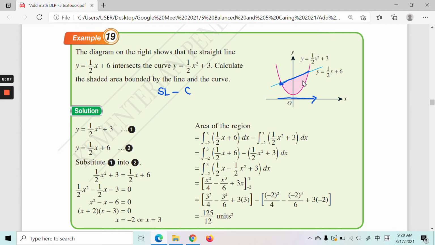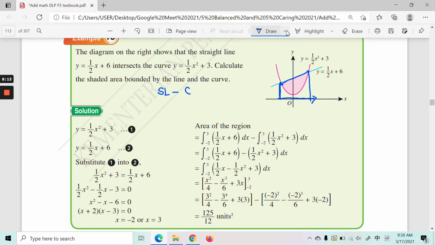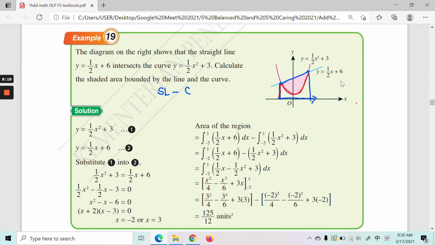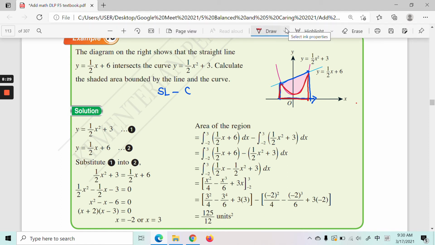If you integrate the straight line from this point to this point, you will get this blue color. And then if we integrate the curve from this point to this point with respect to x, we get this red color. So blue color minus the red color gives this shaded region, which is requested by the question.